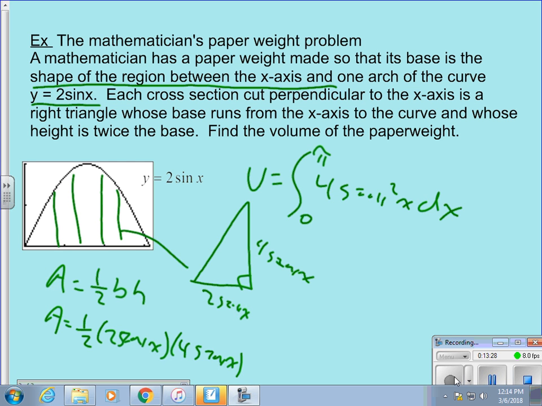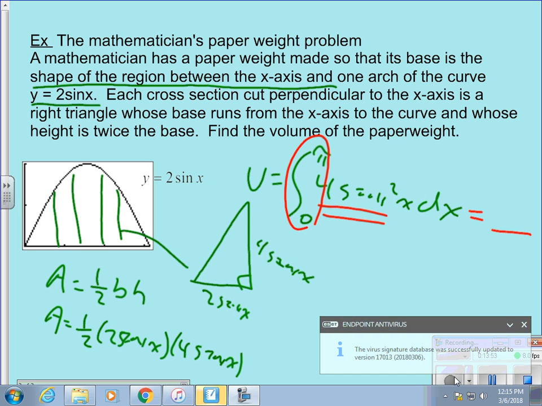Okay, so to be clear, what am I looking for on a test? That 4 sine. I'm looking for that. I'm looking for this. I'm looking for that. That's what I would be looking for on my test.